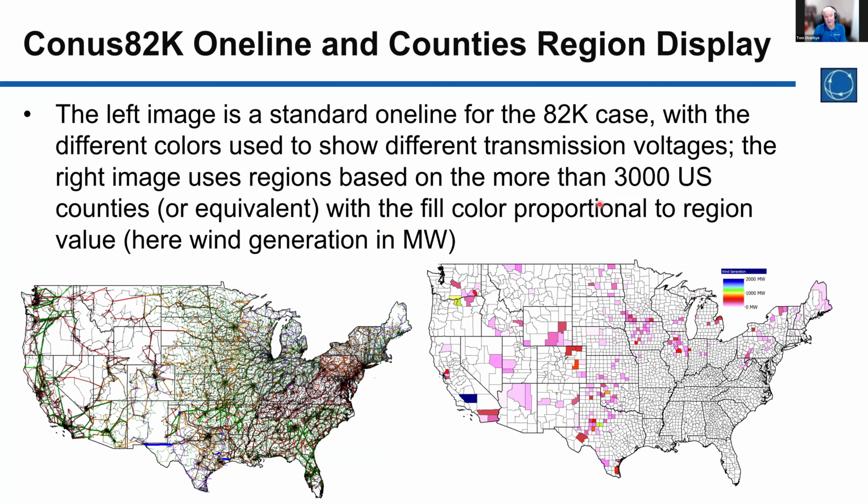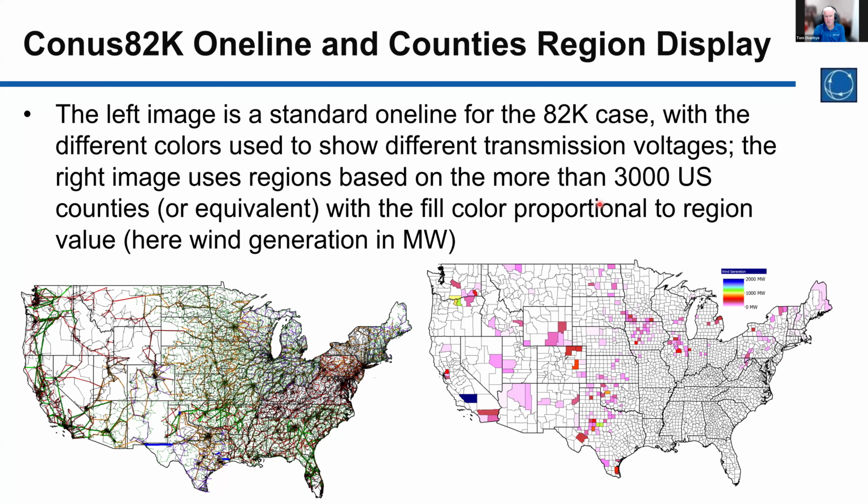This is the other one. It's an 82,000 bus case. The image on the left shows the one line with the different colors showing the different voltage levels. And then on the right, what we're going to use for this case is to visualize results using about 3,000 US counties or equivalents.